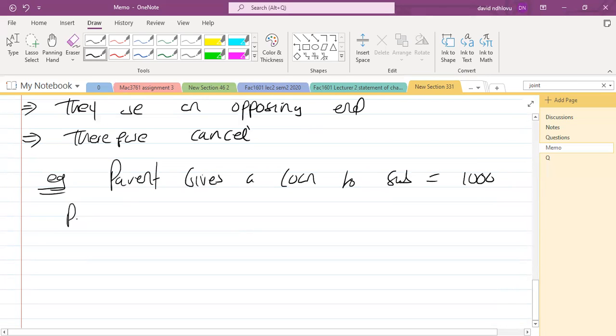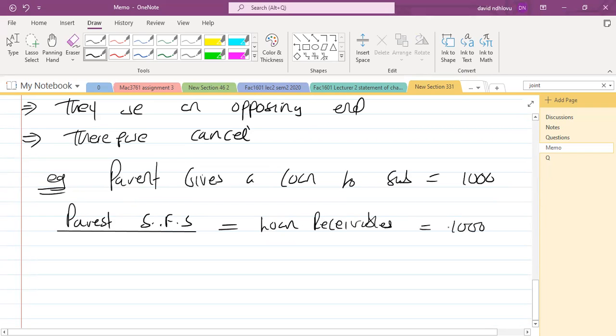If you are in the parent's separate financial statements, this loan will be recorded as an asset. So it will be a loan receivable. That's an asset to the entity, and it will carry an amount of 1,000.